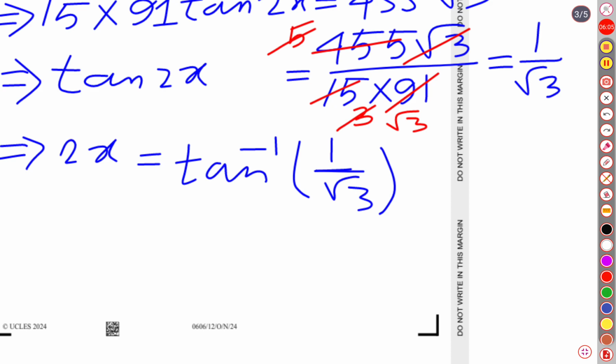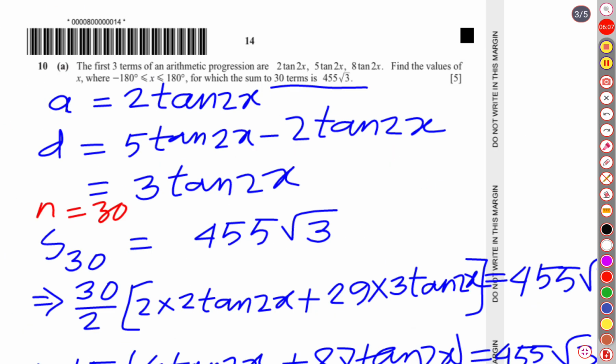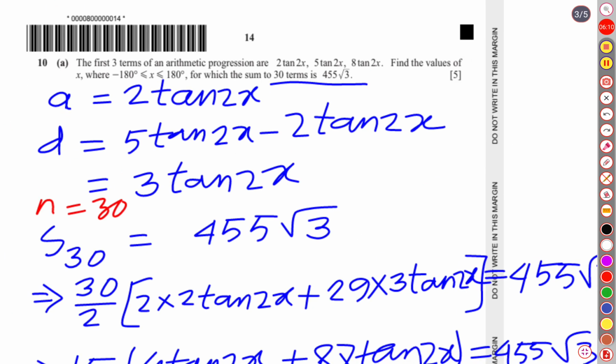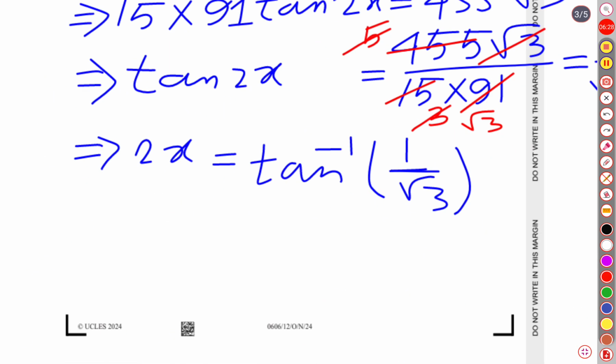Let us see the domain. Domain is given here. Let's have a look at this. This is the domain. Domain is what? From negative 180 until positive 180. So we'll have to redefine the domain, because the angle is given as x, but our angle is 2x.